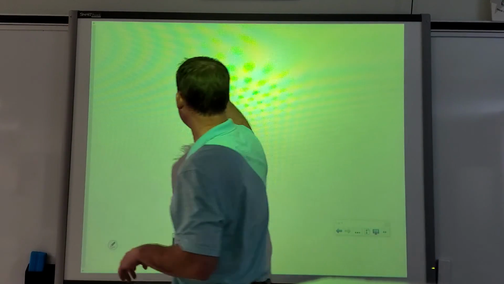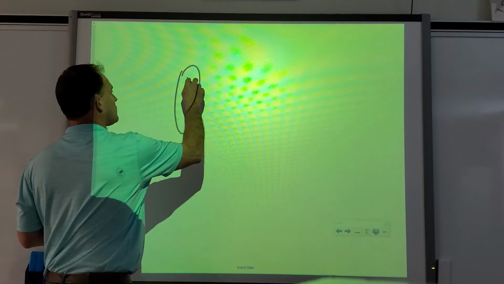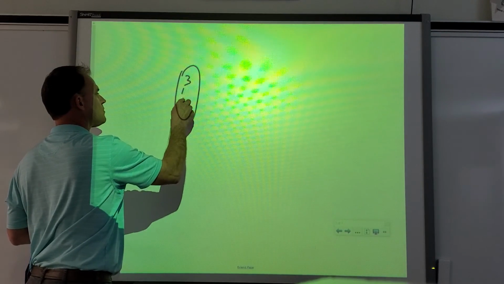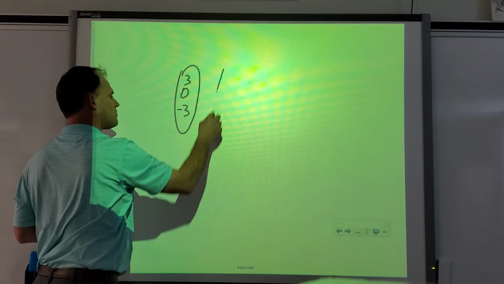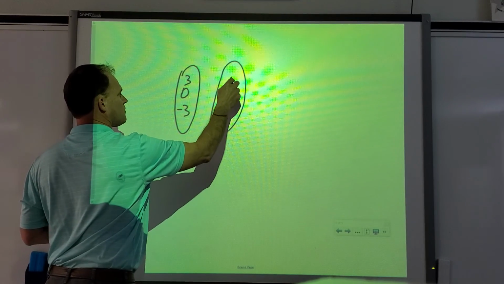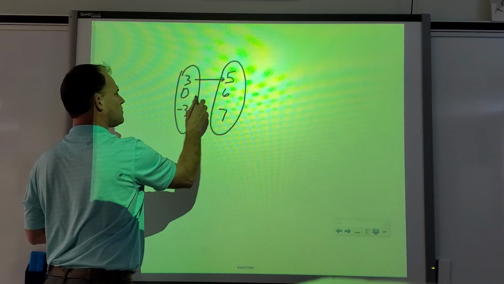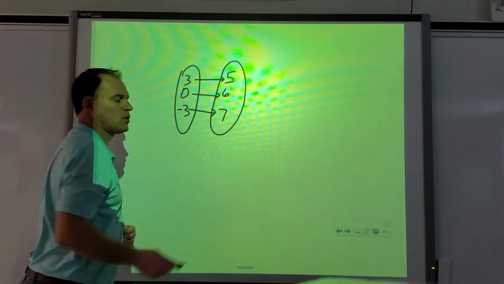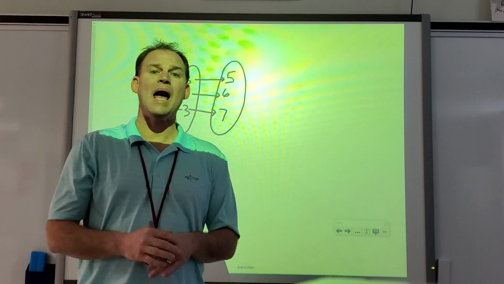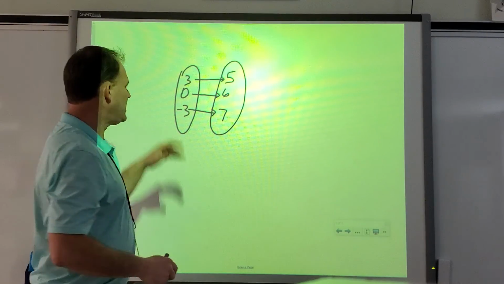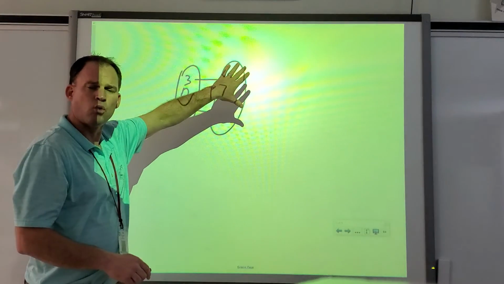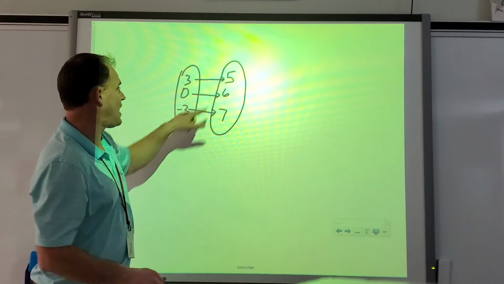It's called a mapping. All right. So if you have a mapping, then these are just a fancy way to write coordinates, 3, 5.